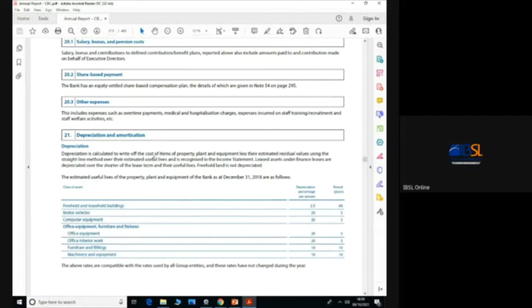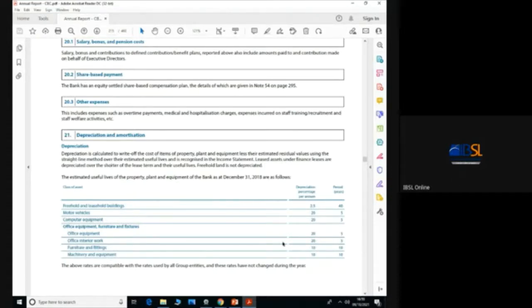They don't talk about how you do it in the year of purchase or in the year of disposal, which means it is on prorate convention. And you see how the depreciation rates are. Freehold and leasehold buildings, 40 years. Motor vehicles 5 years. Computer equipment 5 years. All other office furniture, 5 years. Furniture and fittings 10 years, and machinery and equipment 10 years.